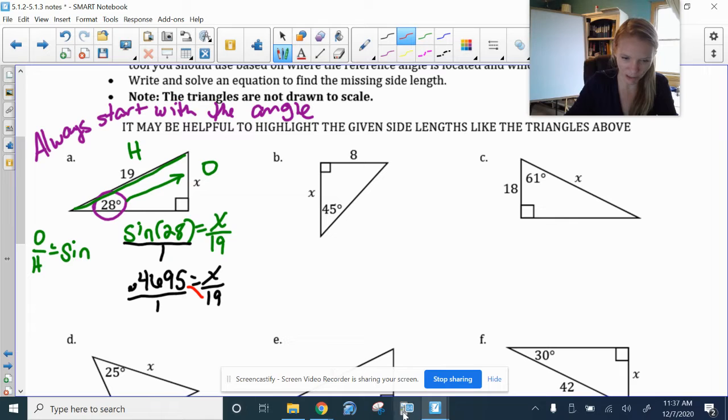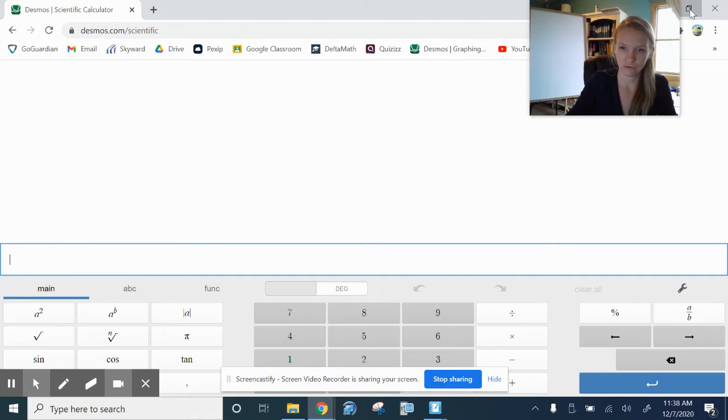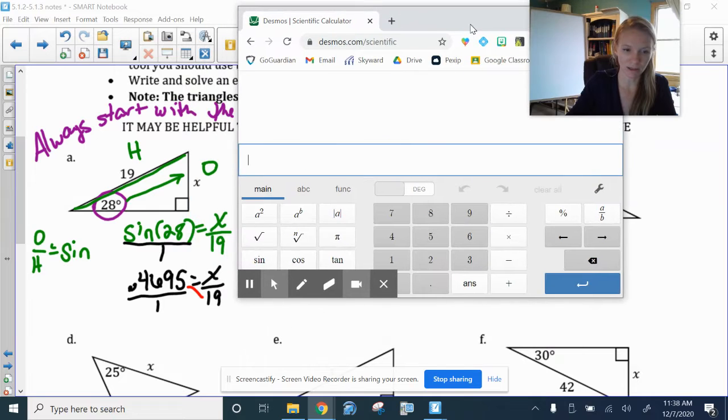And actually, I'll bring up a scientific calculator on my screen so that you guys can see how to do these on this calculator too.